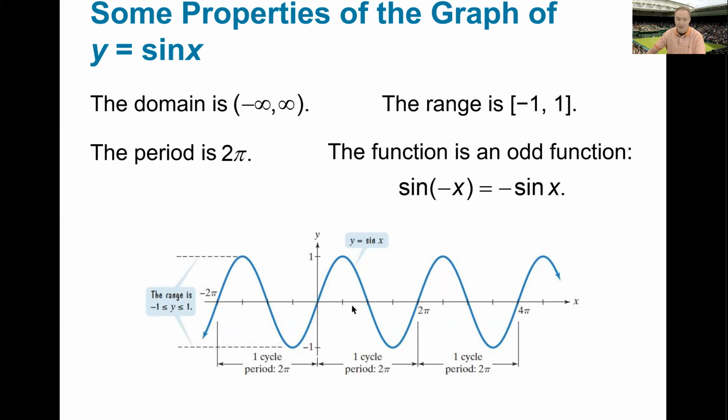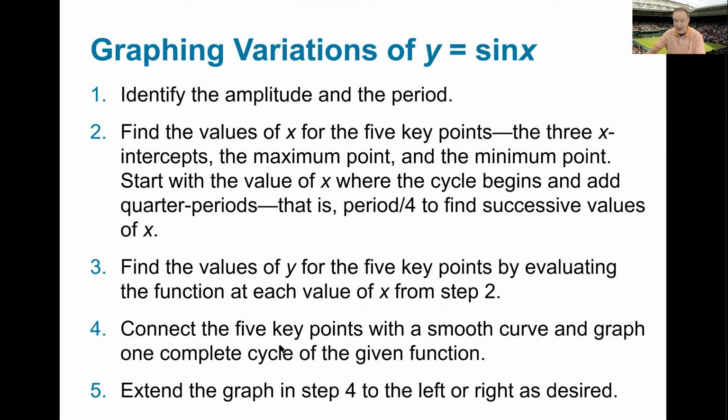If you just graph it out here, you can see that f of x is equal to the negative of f of -x. So this is an odd function. It's symmetric with respect to the origin. Now, whenever we're graphing sine functions, this looks like a lot on this slide, but it's really not that bad.